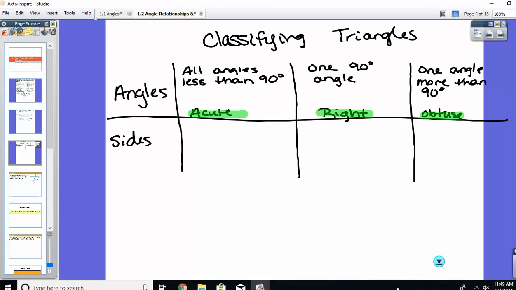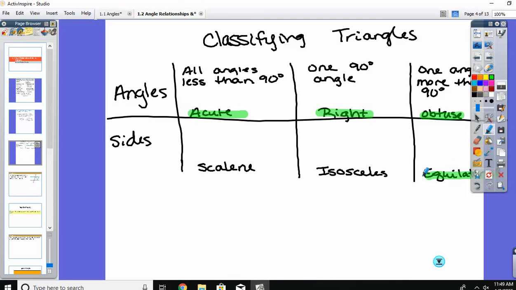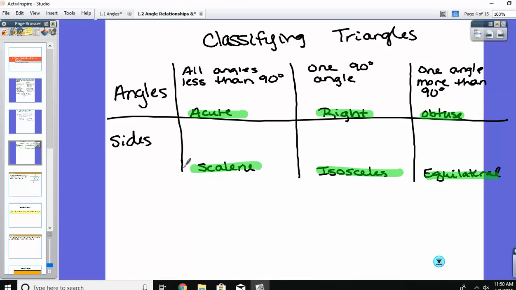Do you remember how we classified based on sides? Do you remember those terms? Scalene, isosceles, equilateral. So those are the terms we use with our sides. What's scalene? Right.